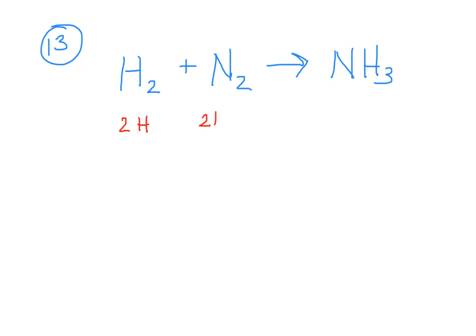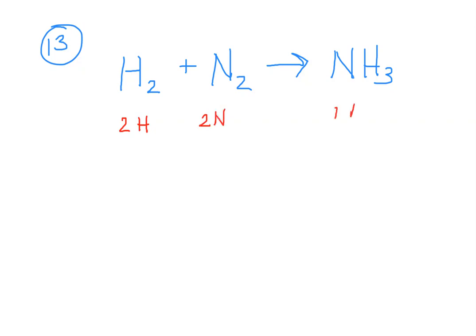Hydrogen, don't forget that hydrogen always has a 2 because it's diatomic, reacts with nitrogen. Nitrogen also has a 2 because it is diatomic, and it makes ammonia, and it tells you that that is NH3. So now we have to balance this. We've got 2 hydrogen and 2 nitrogen.